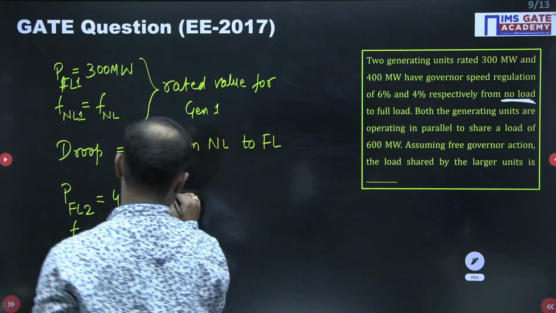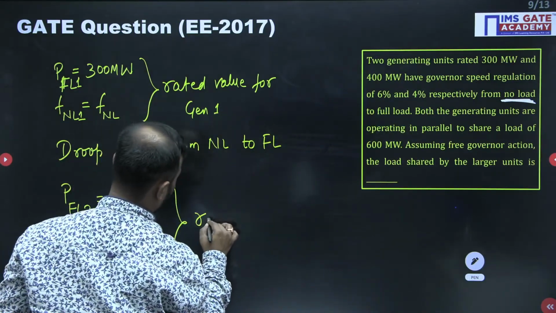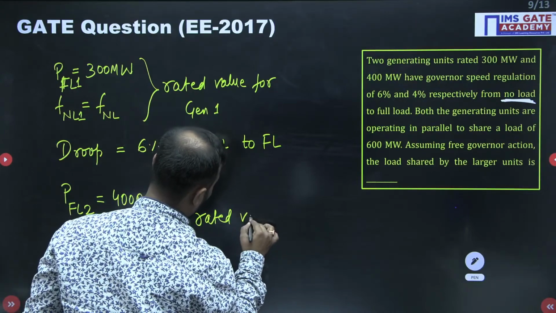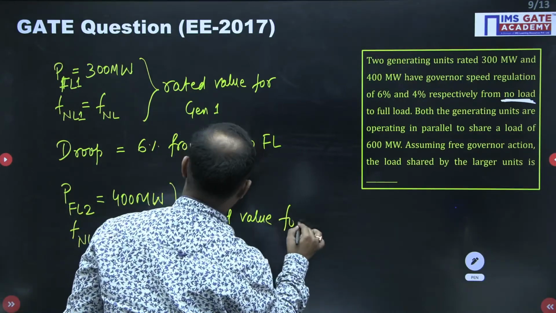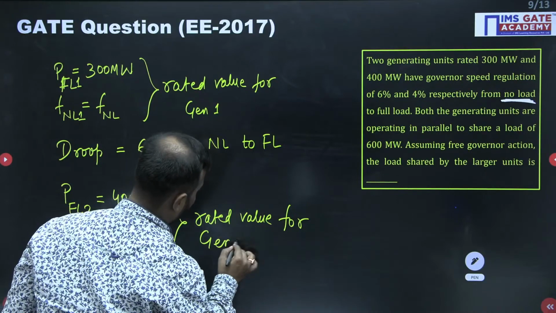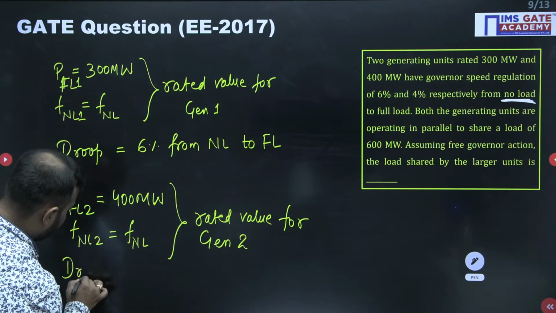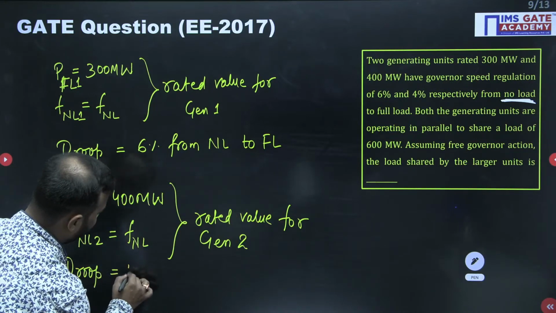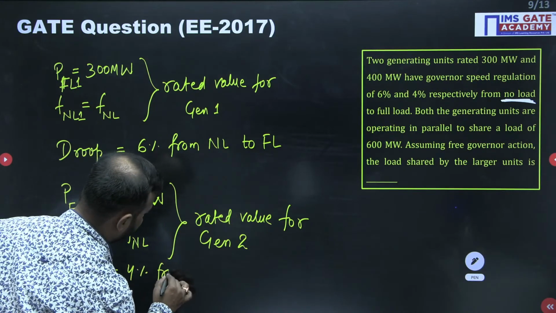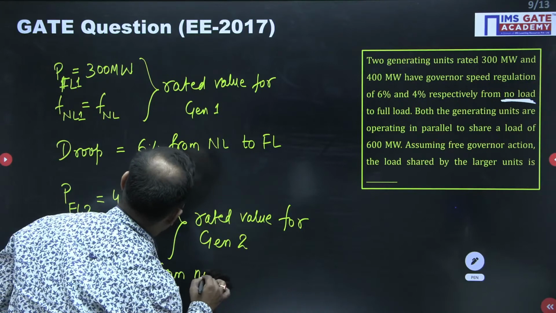Okay. So here this is the rated value for generator 2, and the droop for generator 2 is 4% from no load to full load.